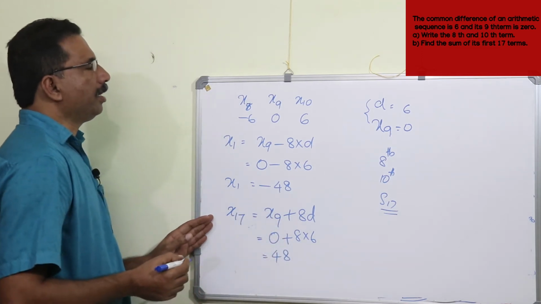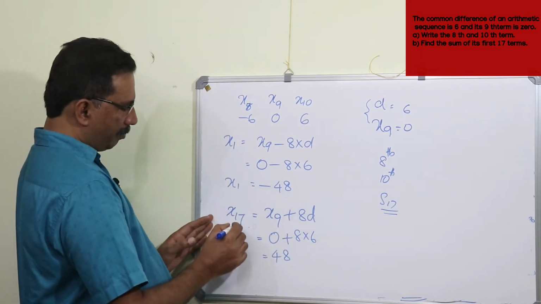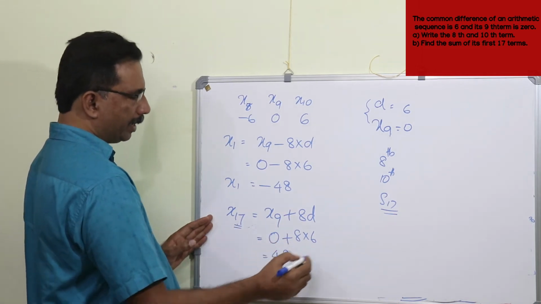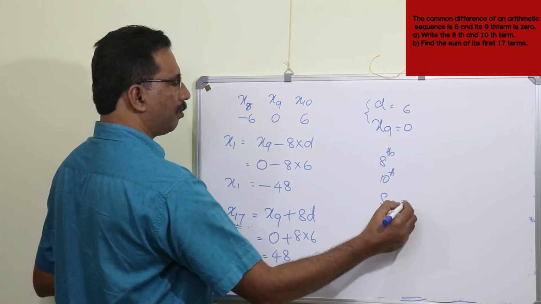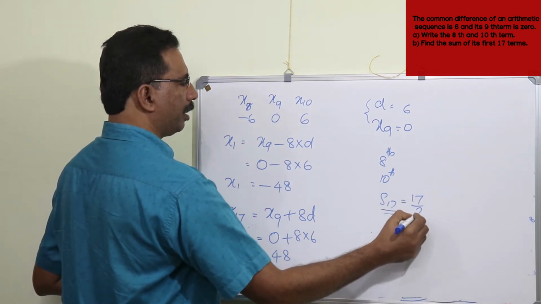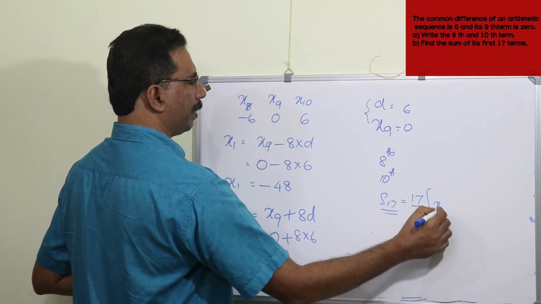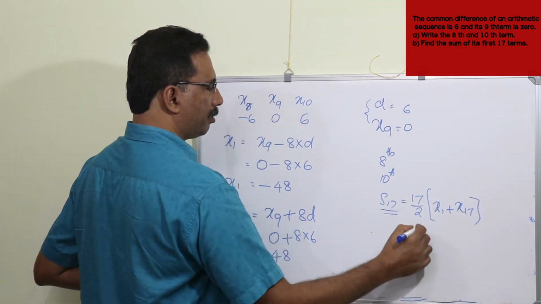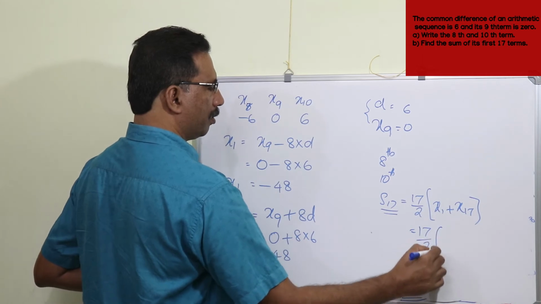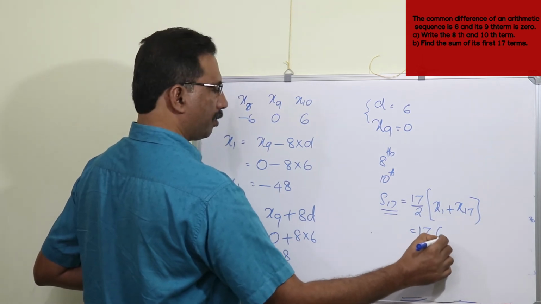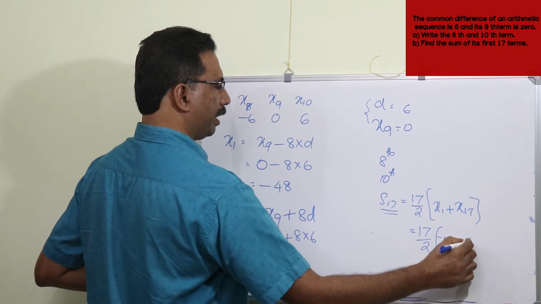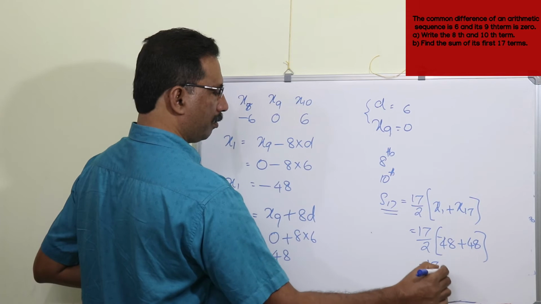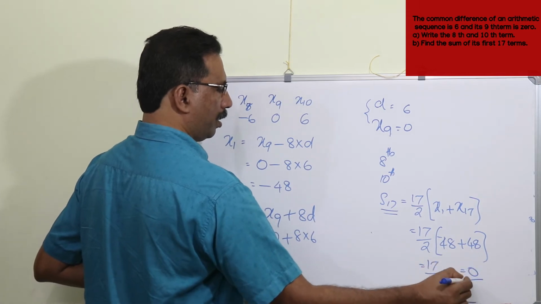We know that the sum of the 17 terms, S17, is equal to 17/2 into first term plus last term, or S17 is equal to 17/2 into minus 48 plus 48, which is equal to 17/2 into 0, which is equal to 0.